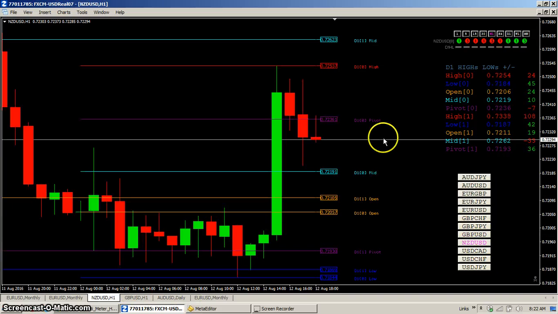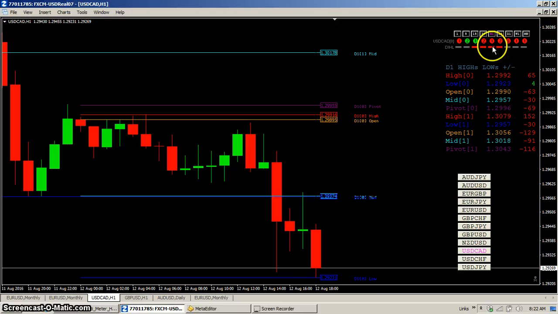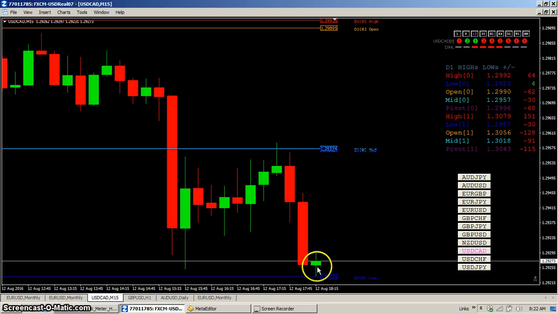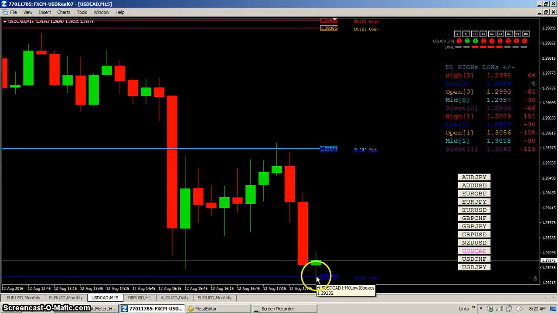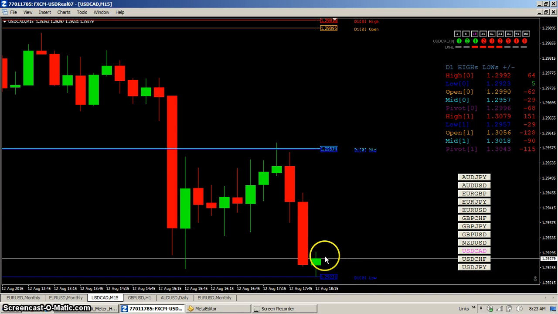Let's look at the New Zealand dollar, US dollar. There's no action there. Dollar Canadian, H1 made a new low. So you would not be trading this. You'd be sitting on your hands waiting, even on the M15. You see here, it made a new low. It came back up, but if you want to trade it the textbook way, you're sitting on your hands, waiting, because anything can happen. It could drop like a rock.